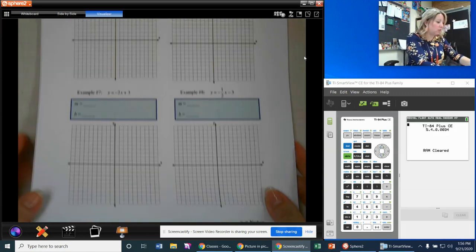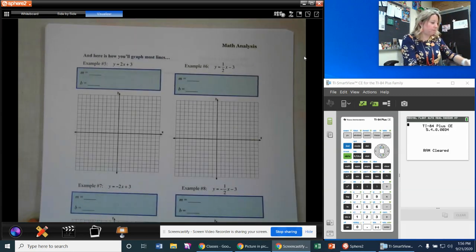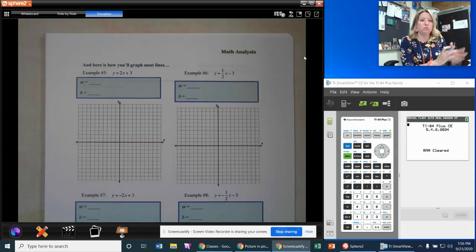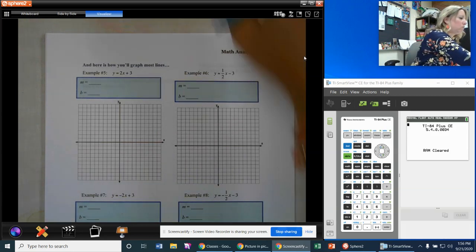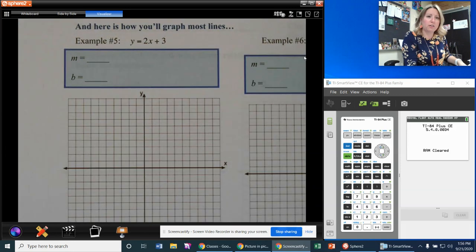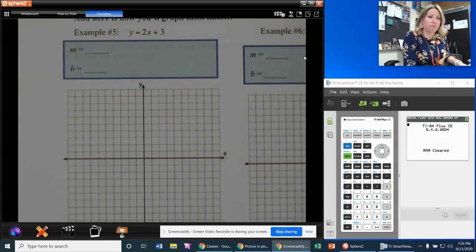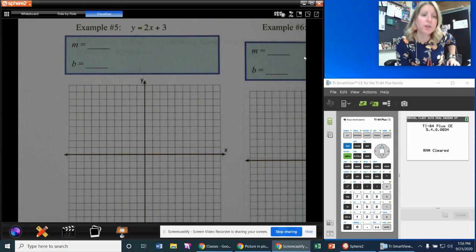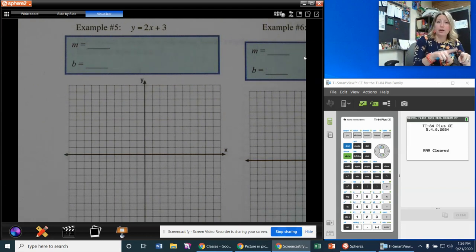Now, let's get into some other graphs. I'll zoom in. We'll focus in on each one. Okay. So example 5, y equals 2x plus 3. The value in front of x, that is your slope.